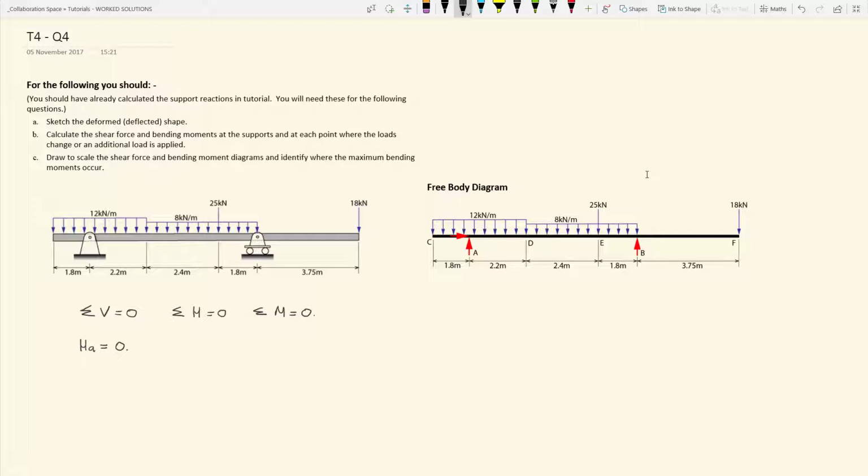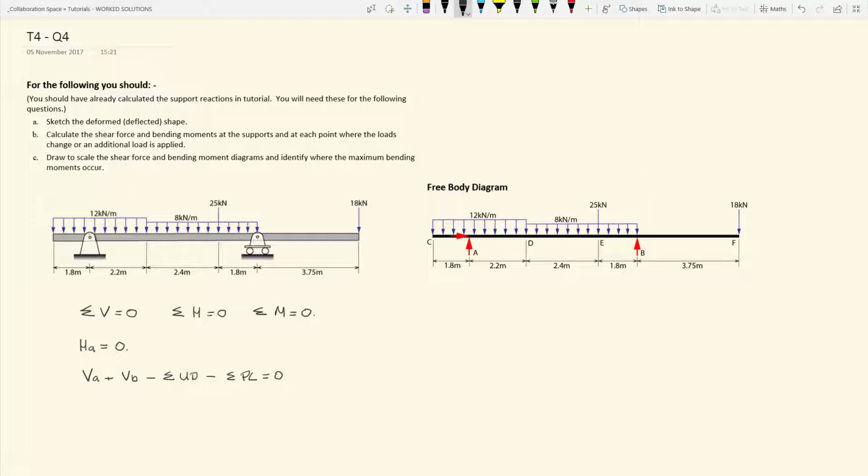For the vertical forces, we can write that VA plus VB minus the sum of the UD loads minus the sum of the point loads equals 0.